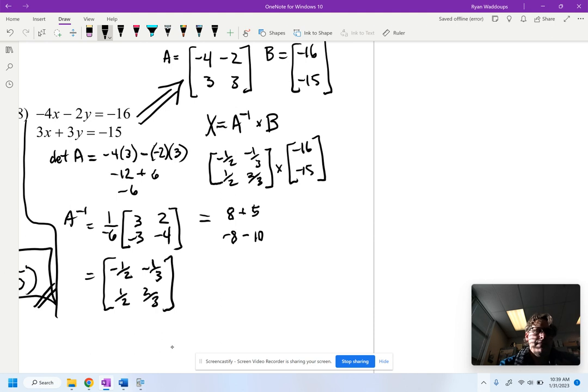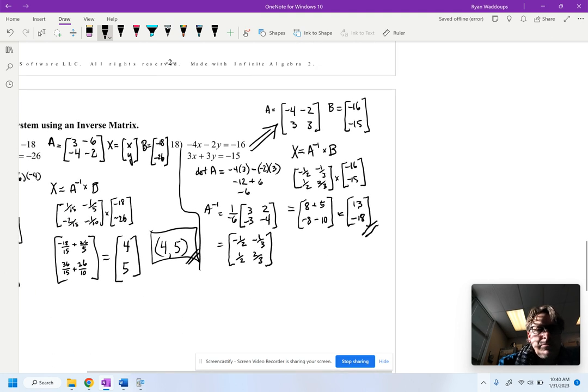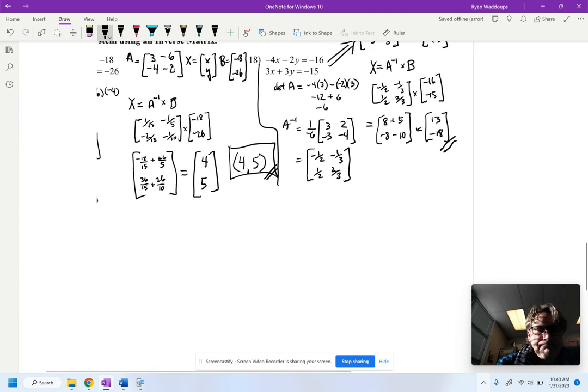And then we simplify that. 8 plus 5 is 13, and negative 8 minus 10 would be negative 18. And that'd be our solution for number 18.